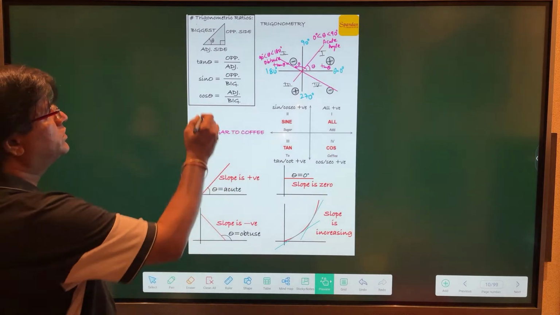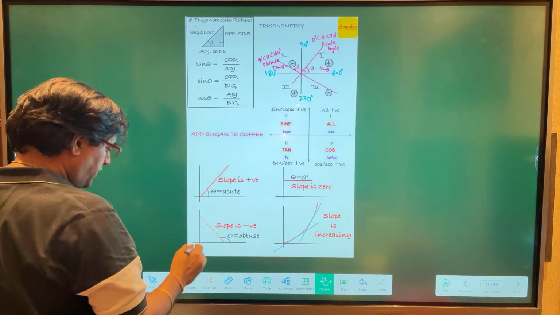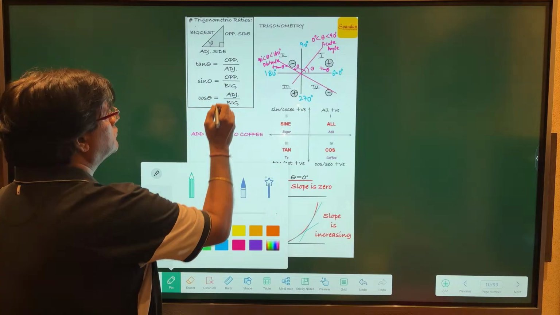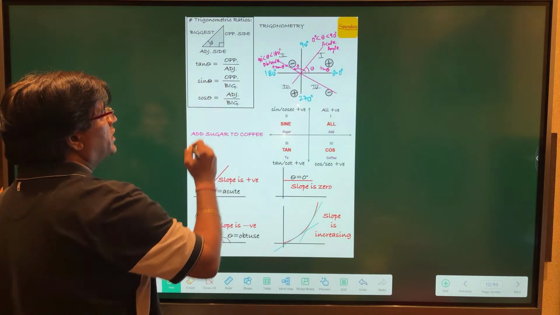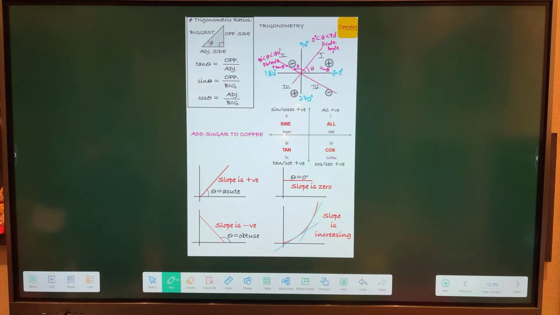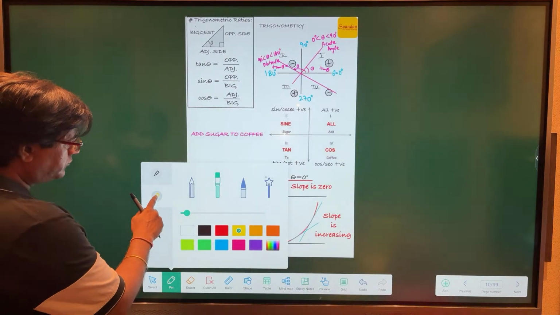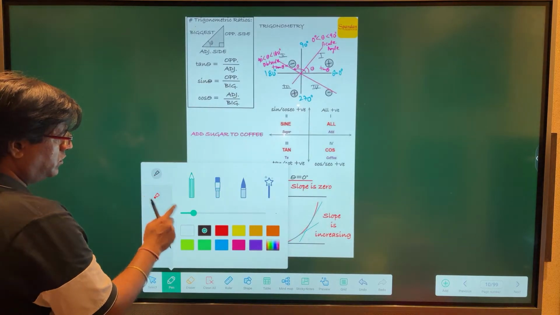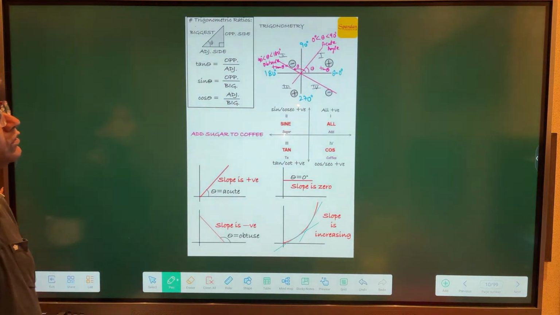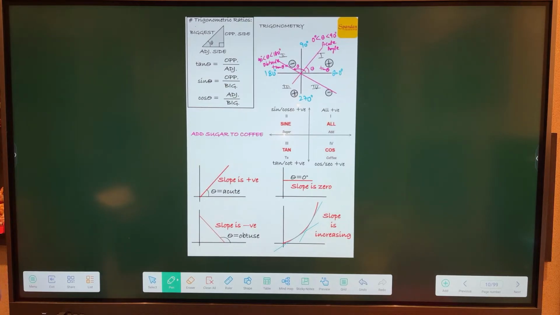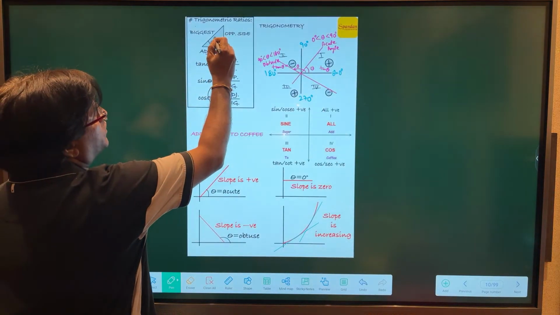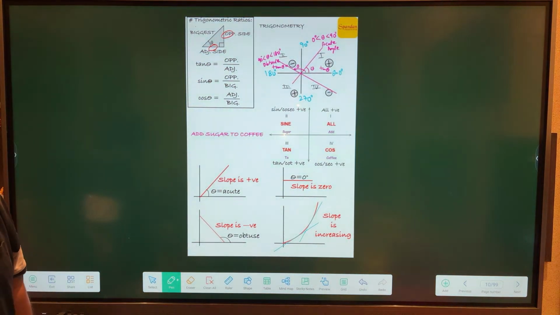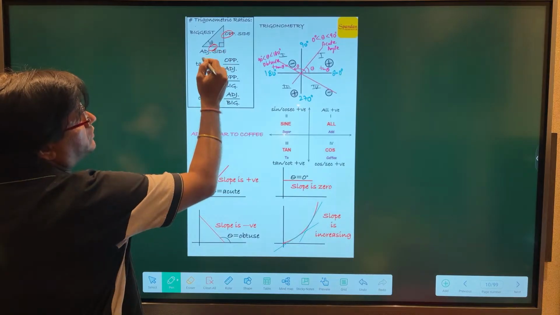Out of these 6, these 3 are tan theta, sin theta and cos theta. In case of tan theta, the formula is the ratio of the opposite side to the adjacent side, so opposite upon adjacent.